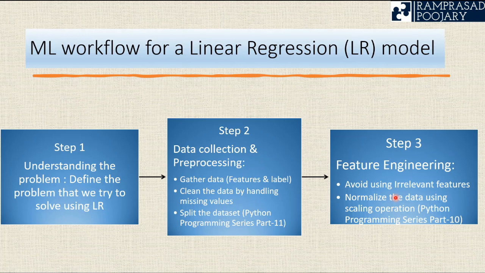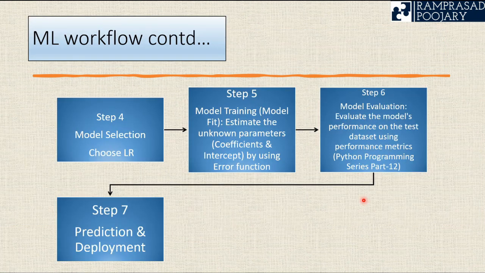But if there are two features with continuous values but different ranges, you can scale them so that both have the same minimum and maximum value, let us say between 0 and 1. We discussed the scaling operation in part 10, and you can watch part 10 and part 11.